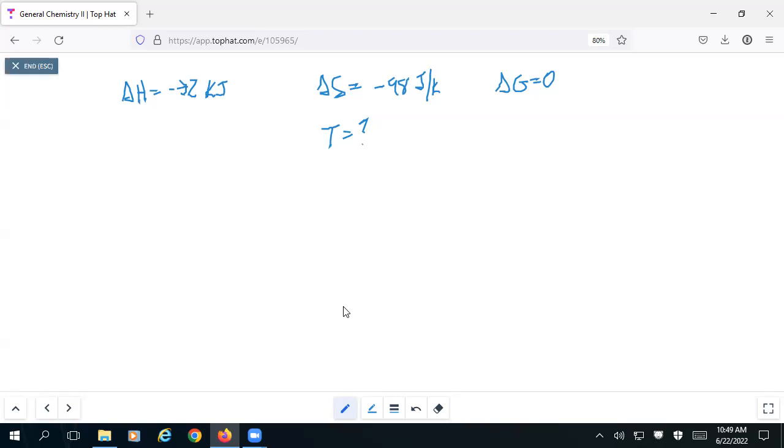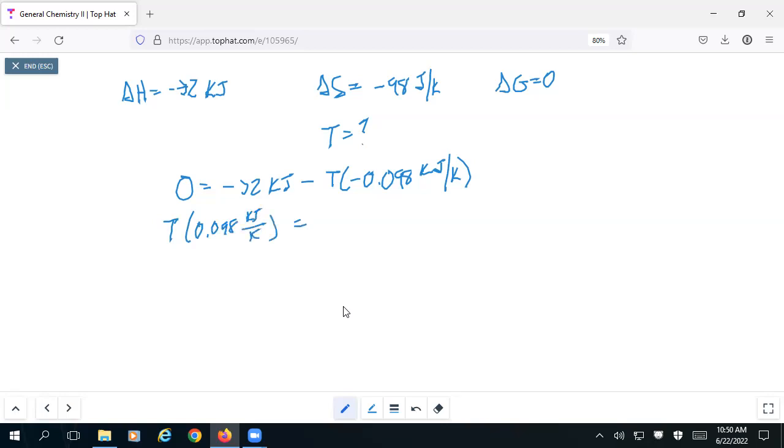So, I mean, you can set it up. 0 is equal to negative 32 kilojoules minus T times negative 0.098 kilojoules per Kelvin. You could do all of that work, and if you did the algebra, you'd end up with T times 0.098 kilojoules per Kelvin is equal to negative 32 kilojoules.